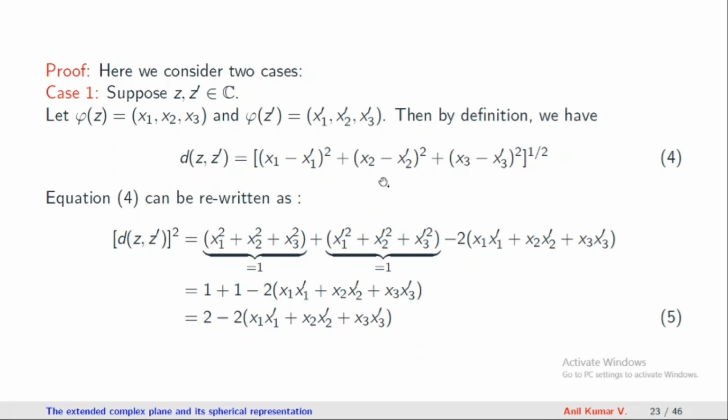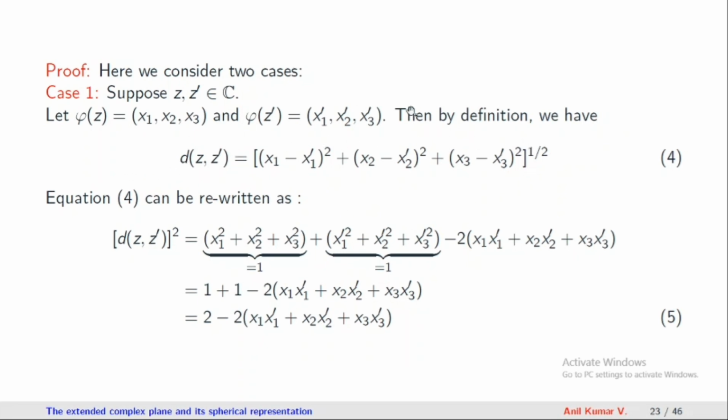Then by the definition we have the distance from z to z prime is equal to the Euclidean distance between the points (x1, x2, x3) and (x1 prime, x2 prime, x3 prime). So the distance between z and z prime is equal to the square root of (x1 minus x1 prime) the whole square plus (x2 minus x2 prime) the whole square plus (x3 minus x3 prime) the whole square.